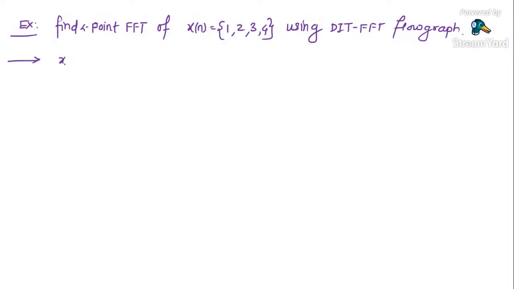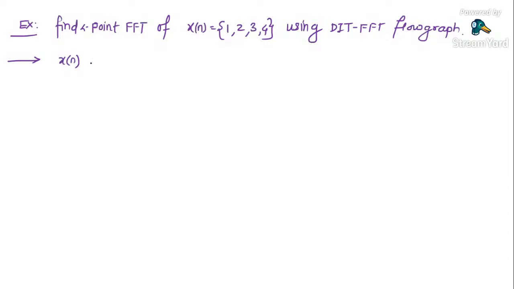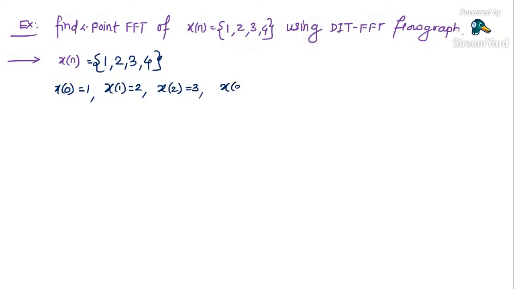First of all, write down x of n. X of n is equal to 1, 2, 3, 4. After writing it, separate it. What is x of 0? 1. X of 1 is 2. X of 2 is 3. And x of 3 is 4.